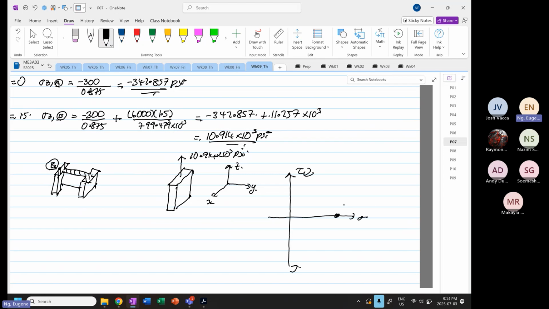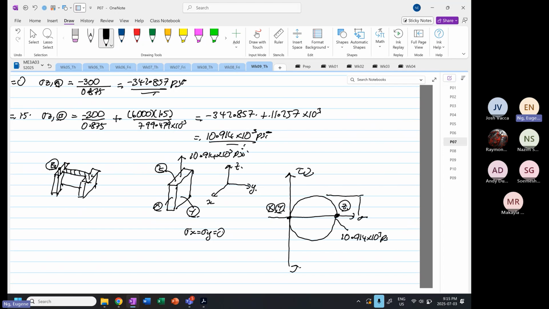Over here is our point Z, and over here are both our point X and point Y. So this is our Z, this is our X, and this is our Y, because stress X is equal to stress Y is equal to 0. Now we draw our circle, and at this point is 10.914 times 10 to the power 3 psi.